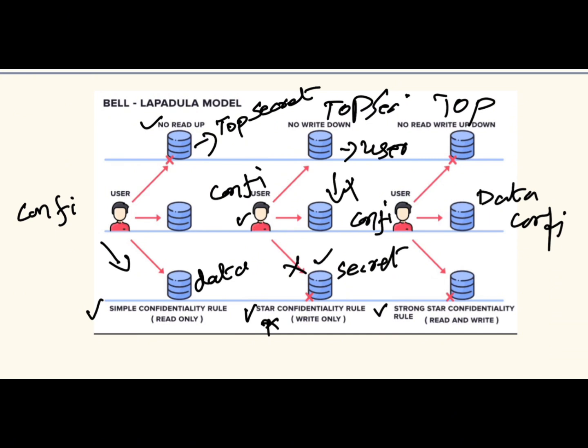And the last is the strong star rule, which allows the user to read and write only at the same level.